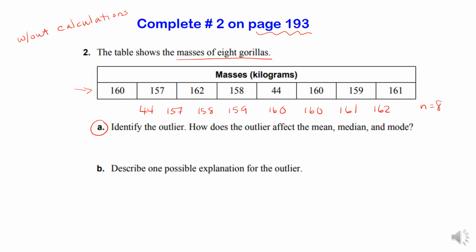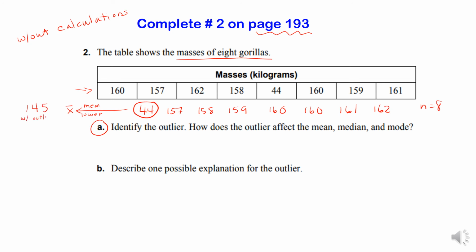And I can see that, wow, this 44 is way lower than all the others. And I know if the outlier is low, it's going to pull the mean this way, meaning the mean will be lower. Okay, so you should understand that. The mean is going to be lower than the average or the middle. So if you calculated it, the mean is going to be 145 with the outlier.